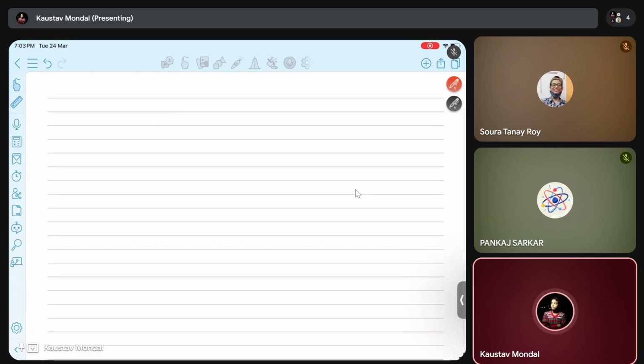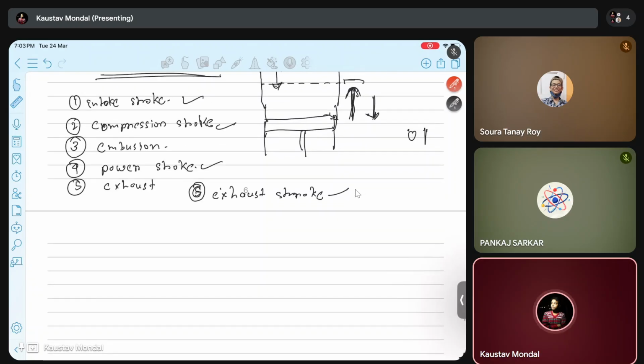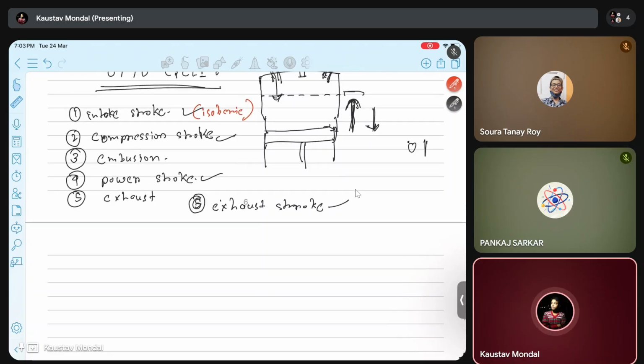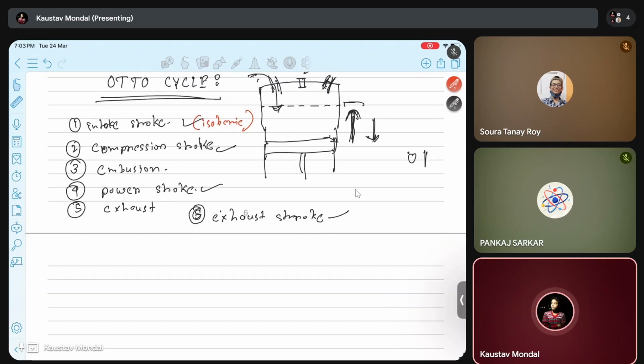During the intake stroke, this intake stroke is basically isobaric. Okay, these things you have to remember. When the air and fuel mixture is coming into this chamber, this is the isobaric process.